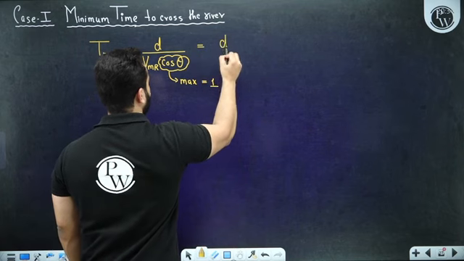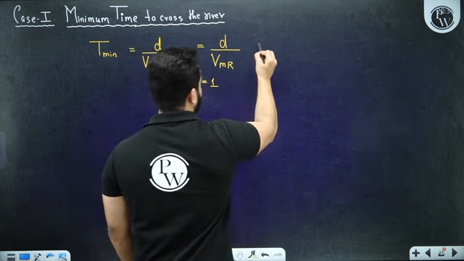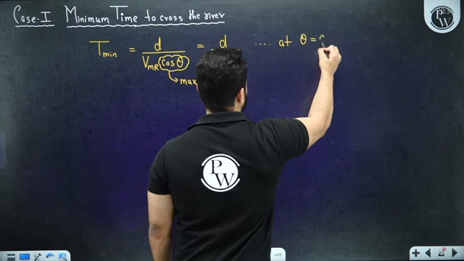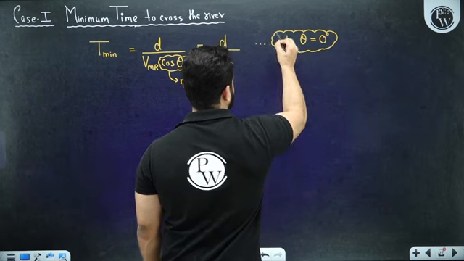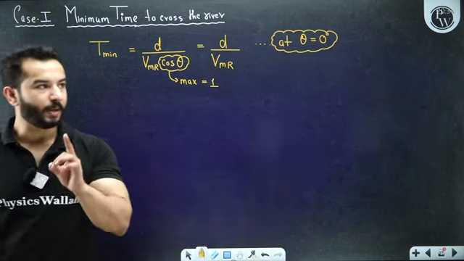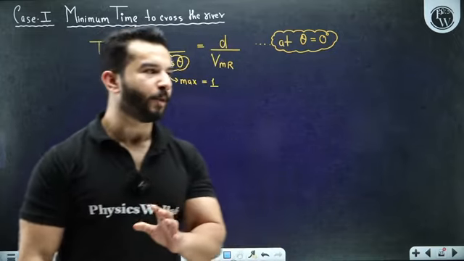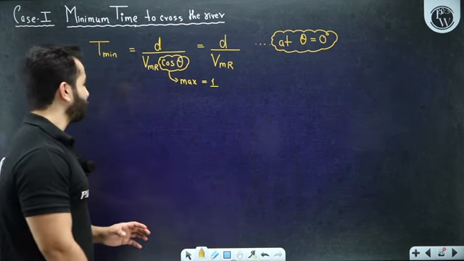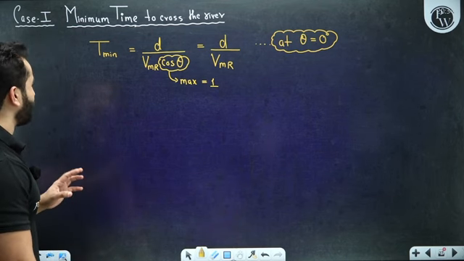So this is going to be D divided by VMR, and this will be at theta equals 0 degree. This is the minimum time case. Please remember, for this time, obviously the drift will not be minimum. There will be some drift, right? This is absolutely true. And you can quickly find out what that drift is going to be.